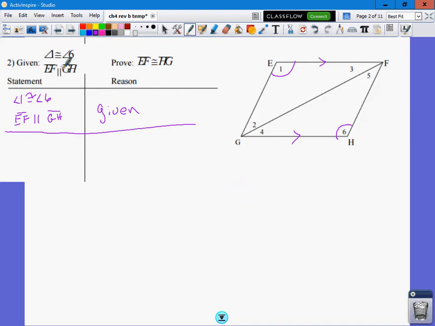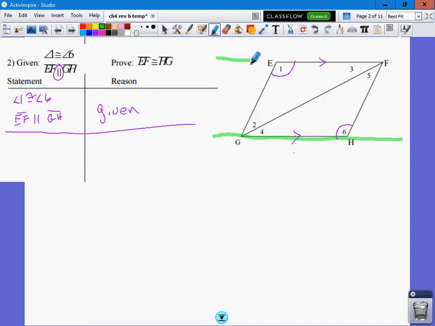Now, because I saw these parallel lines, I'm looking for a set of alternate interior, alternate exterior, corresponding or same side interior. These are the two lines that are parallel. And just to help everybody see it, I'm going to kind of highlight it.